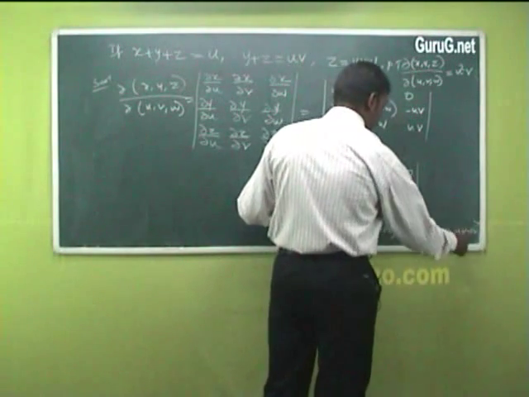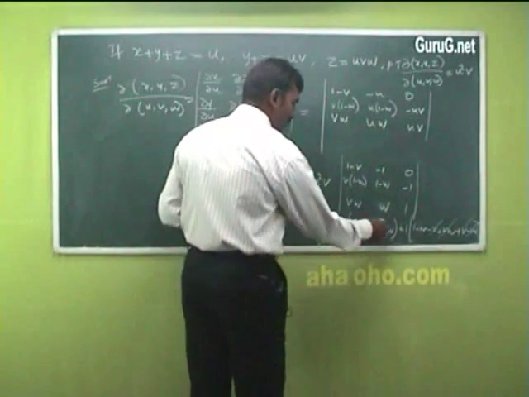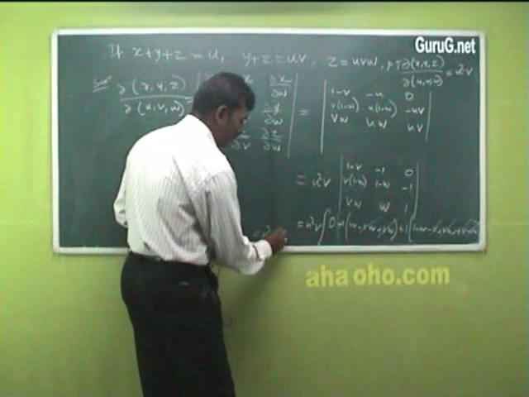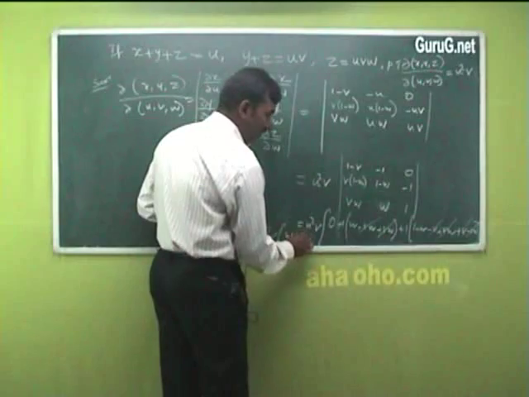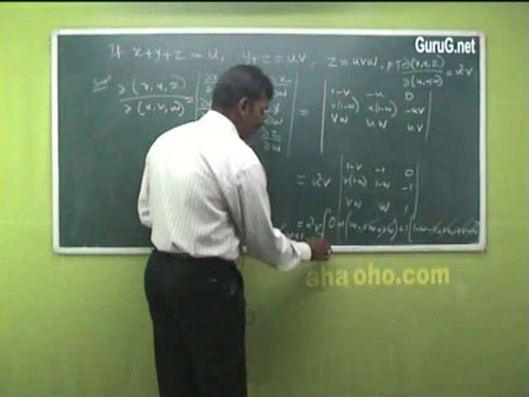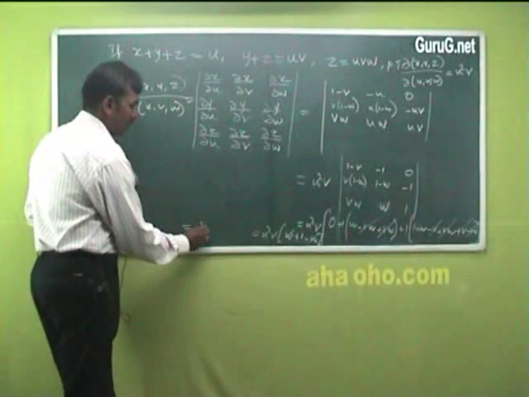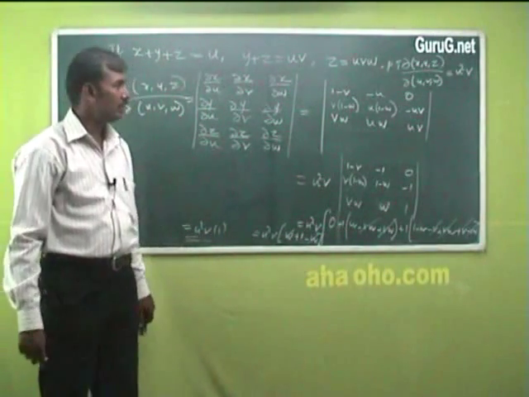Simplifying, vw, then v and v get cancelled, so w plus 1 minus w will cancel, so u squared v into 1. Right? So this is the required answer.